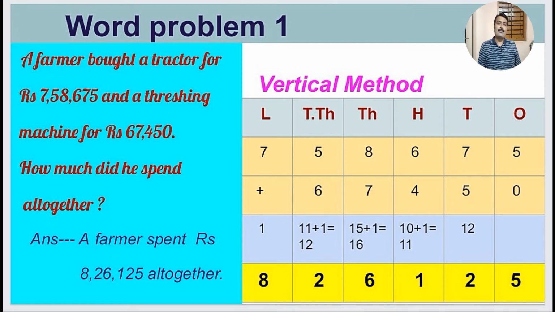Next word, tractor. You know about the tractor. After that the next word is threshing machine. The meaning of threshing machine is मळणी यंत्र. And thereafter the next words are some simple ones: how much, किती; spent, खर्च केले; altogether, एकूण.